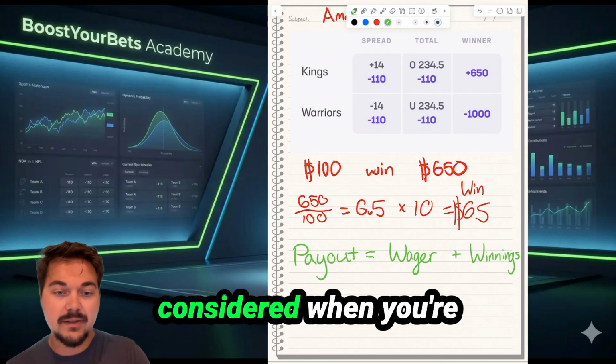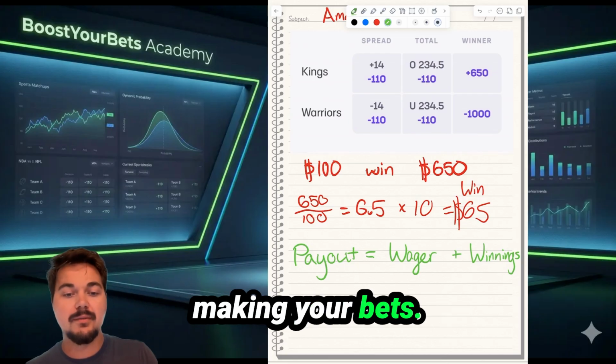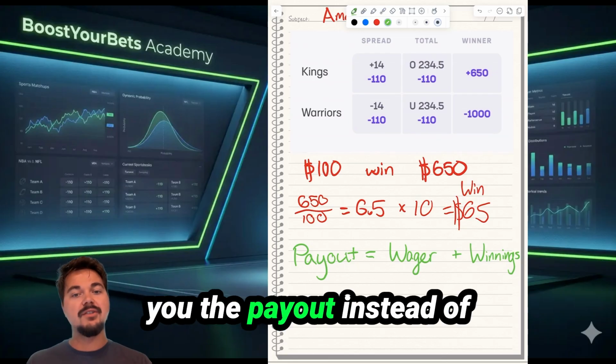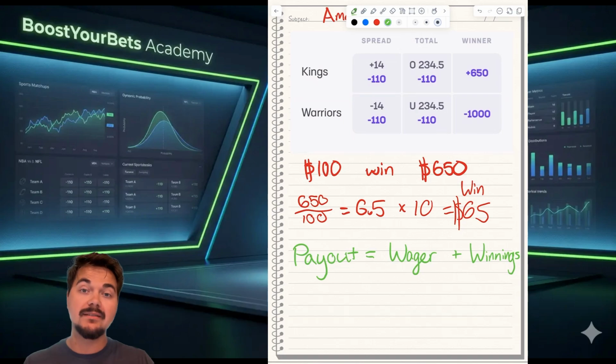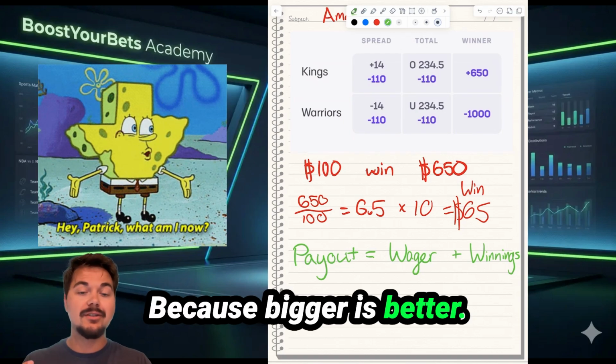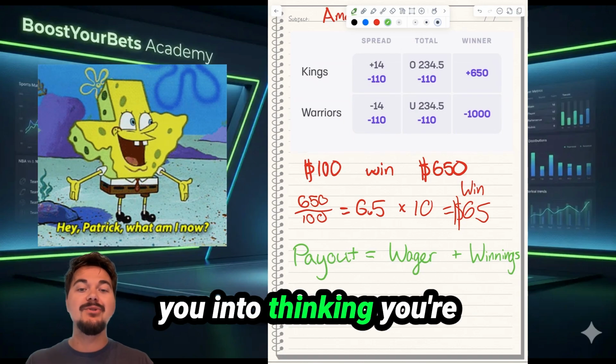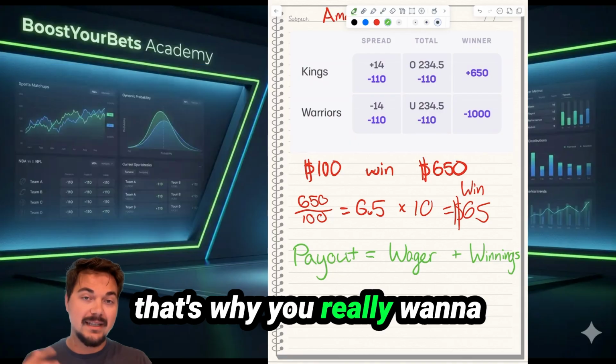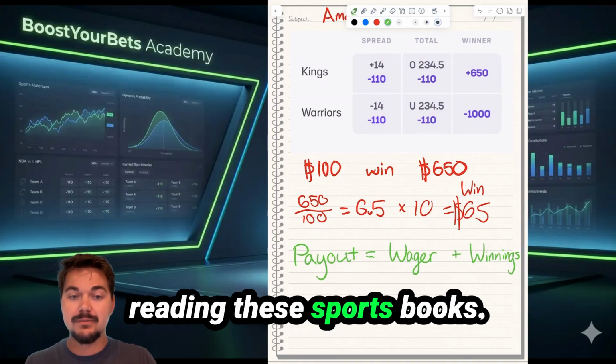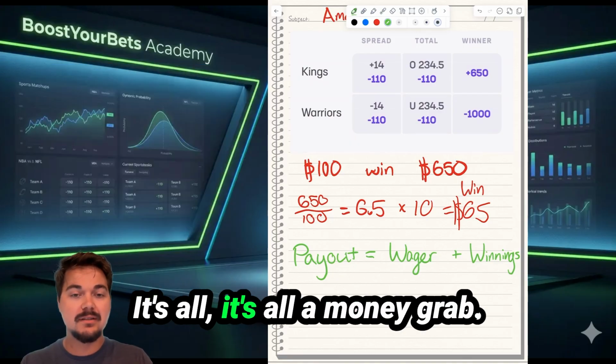Okay, so that needs to be considered when you're making your bets. Now, why did they show you the payout instead of how much you're winning? Because bigger is better. They want to confuse you into thinking you're winning more money. That's why you really want to be careful when you're reading these sportsbooks. It's all a money grab.